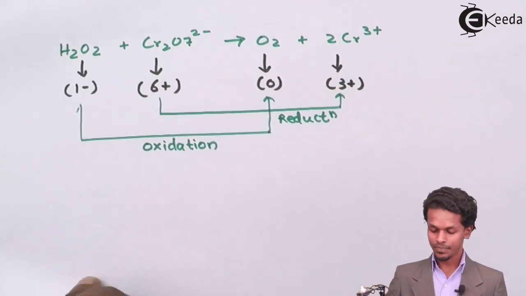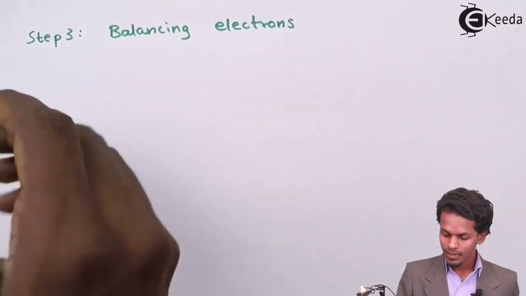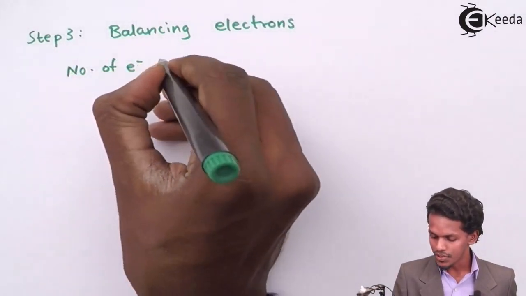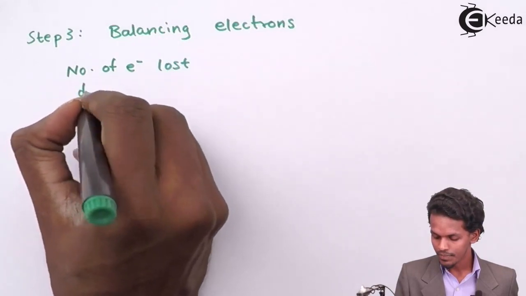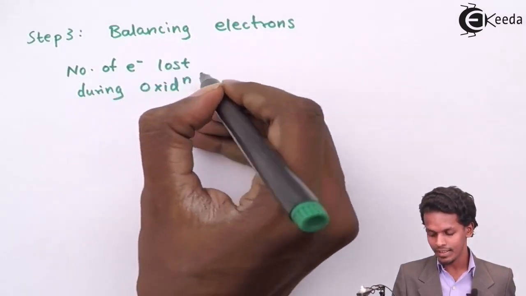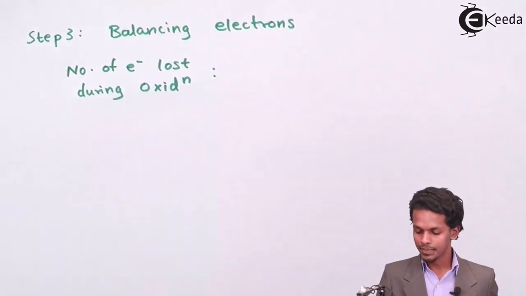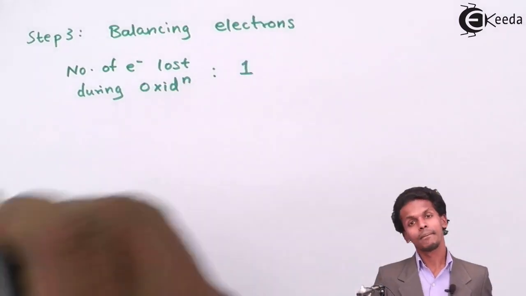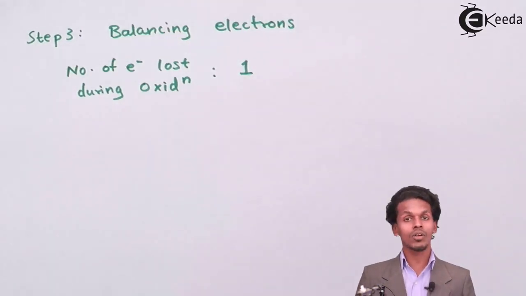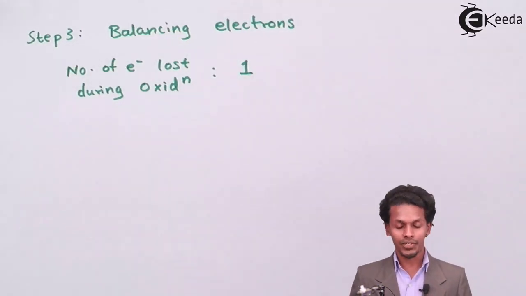So the number of electrons lost during the oxidation process was 1. Now let us see how many electrons were gained during reduction.